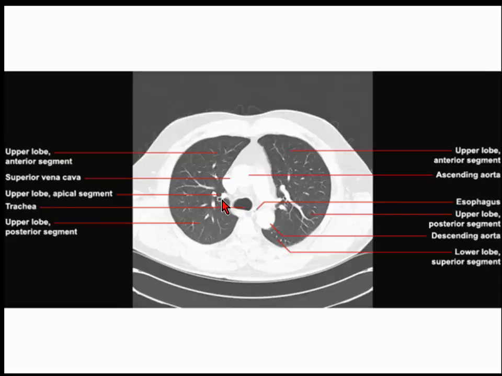You shouldn't be able to see the bronchus wall, or only a very thin wall. If you start seeing the bronchus with a thick wall and it becomes larger than the vessel, that means there is obstruction, there is bronchiectasis, bronchial wall thickening, bronchial wall dilatation. So that reflects bronchiectasis.